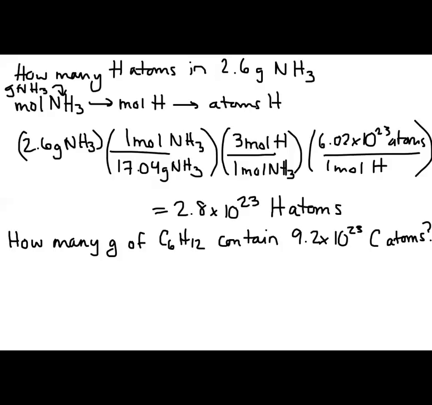How many carbon atoms? There's 6 carbons for every 1 C6H12. Exactly. This is definitely the hardest problem you've done today, so it's okay if you're struggling with it.